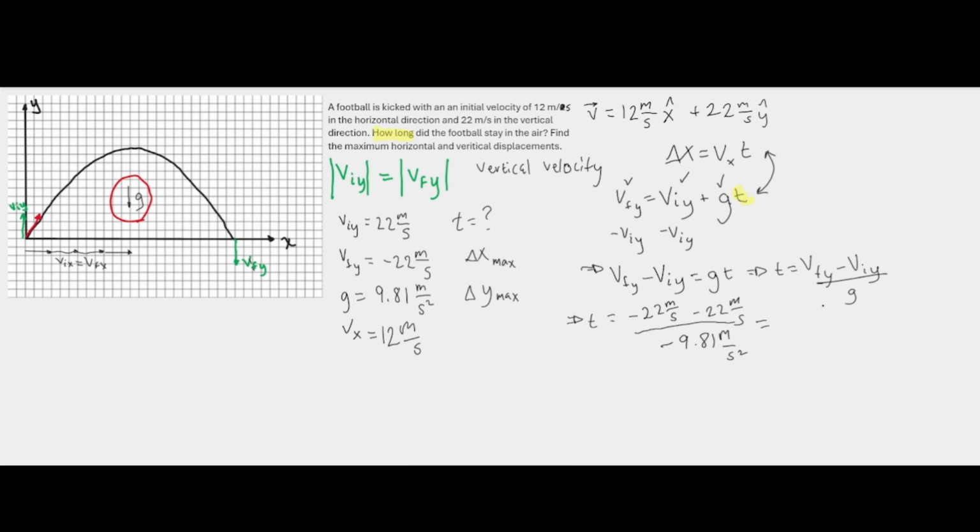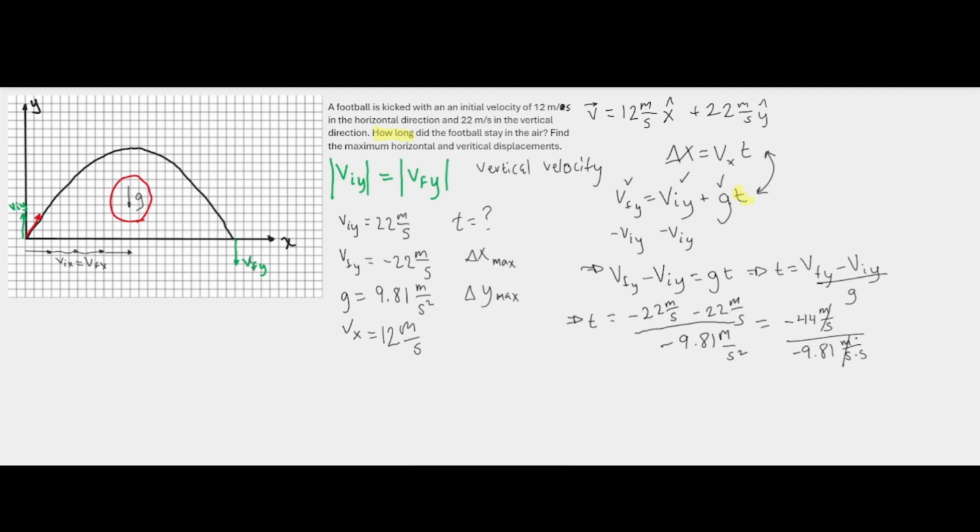So this is equal to a negative and a negative, so this is a minus 44 meters per second divided by a minus 9.81 meters per second times seconds. I'm writing it that way just because I want to see that I have two factors of s, and then I can see more clearly that I have a meters per second in the numerator, and I have a meters per second in the denominator.